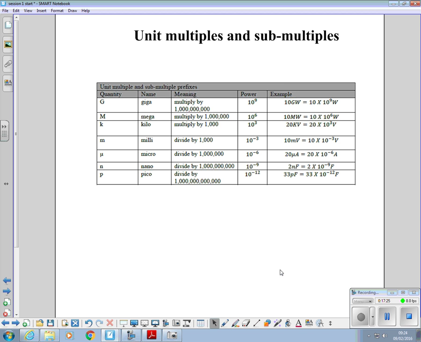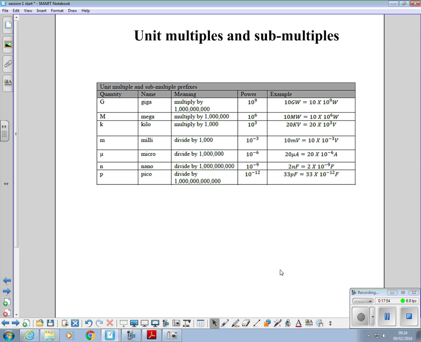One thing you need to be careful of is if you're going to square a current that's got a 10 to the minus 3, you need to put the current in brackets and then square the brackets, otherwise you won't get the answer right out of your calculator. So just be aware of things like that. So if you've got 10 milliamps and you use 10 times 10 to the minus 3 and you're going to square that to get the power, you need to put the current in brackets and then square it, otherwise it won't give you the right answer.